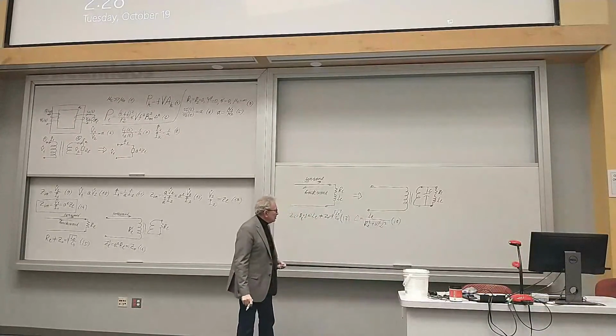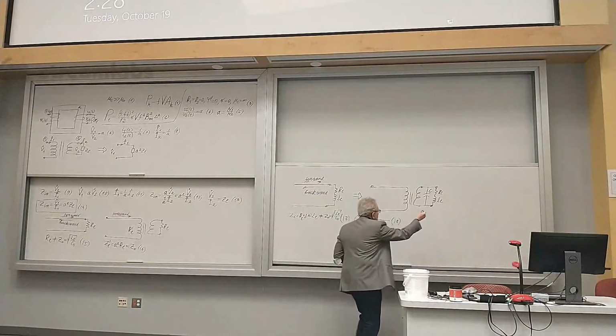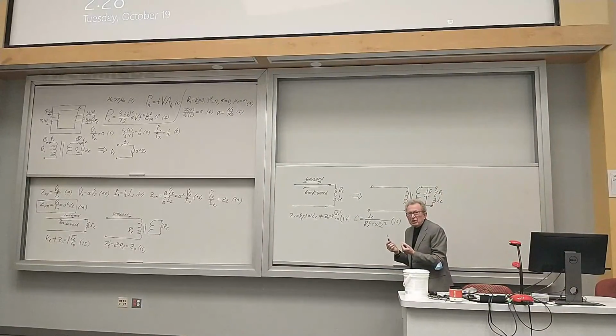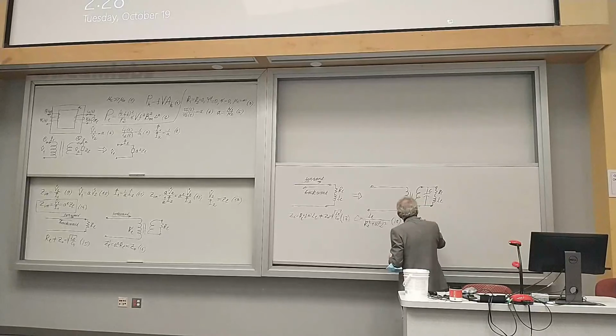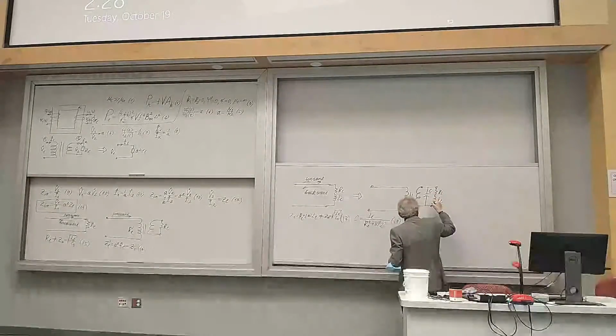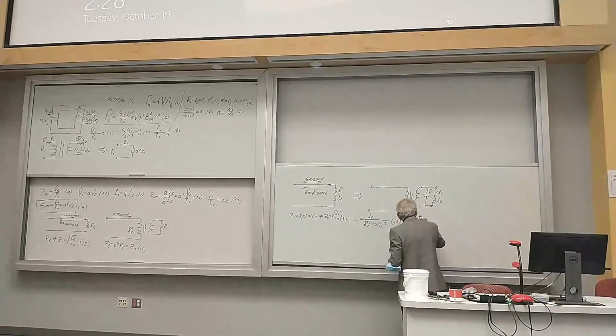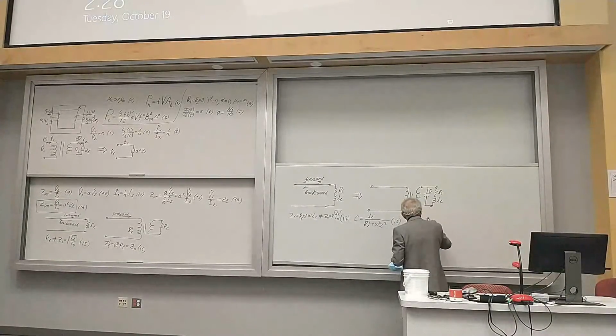If you choose this, then the load behaves as a resistor. Suppose the resistance of this load is R sub L prime. Then I choose the number of turns in such a way that it will be equal to the characteristic impedance.